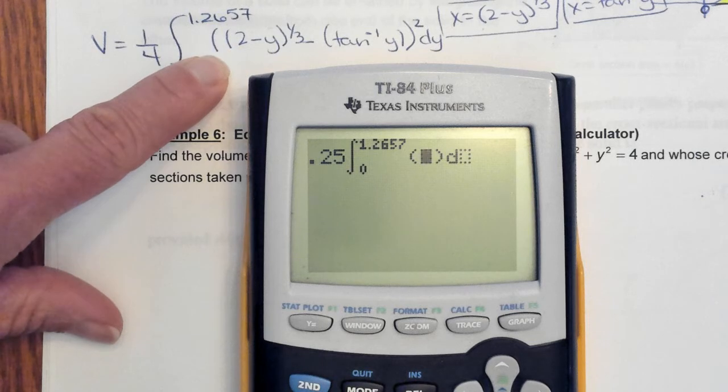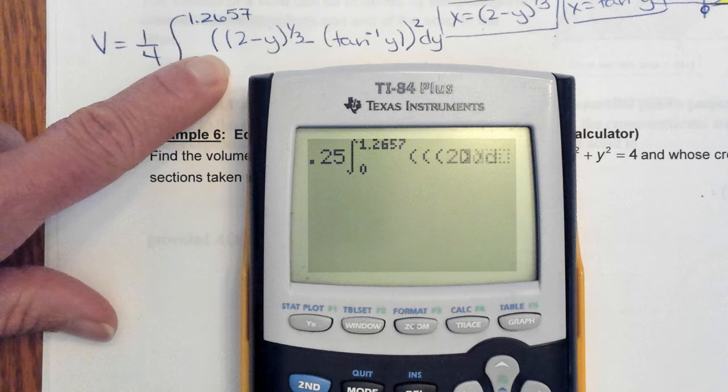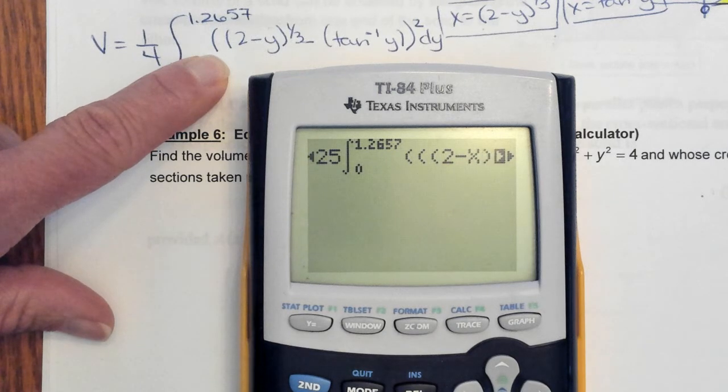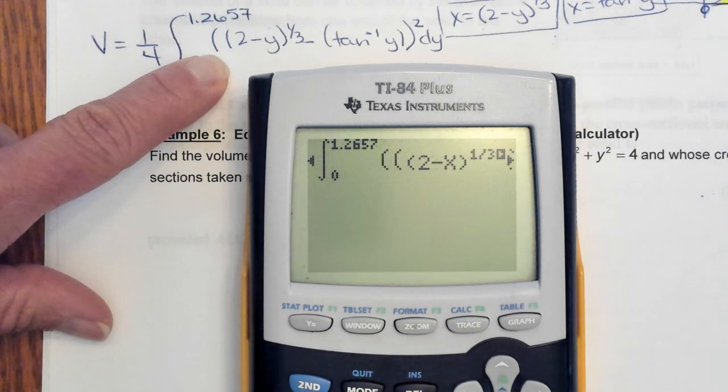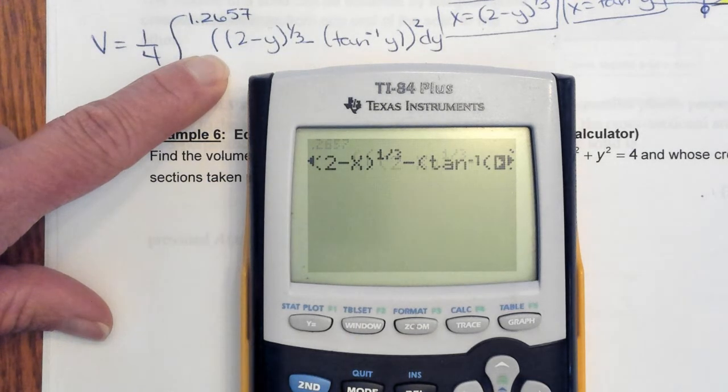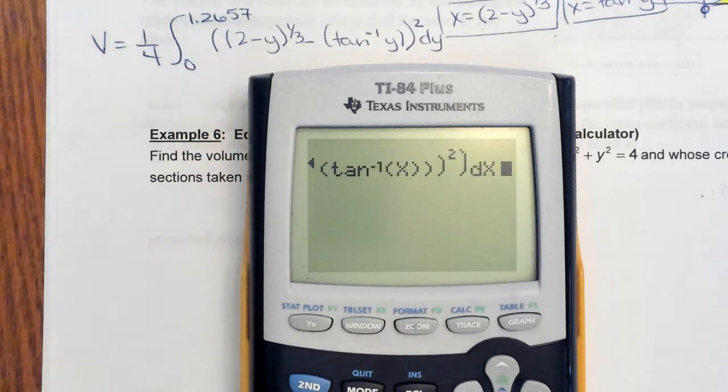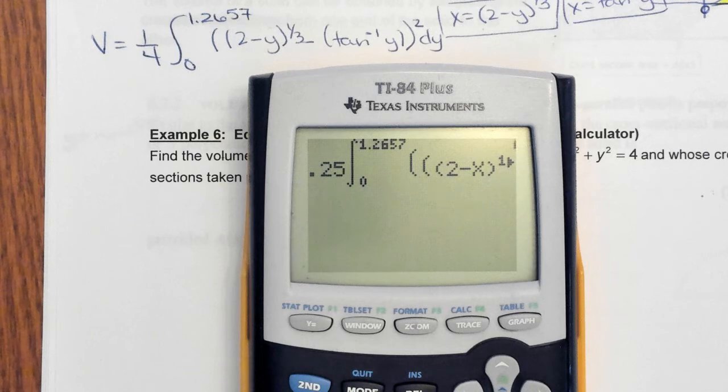So parentheses for the whole thing to be squared, parentheses 2 minus x to the 1/3 minus the inverse tangent of x, squared. Just watch your parentheses. I hope that worked. Give me an error.